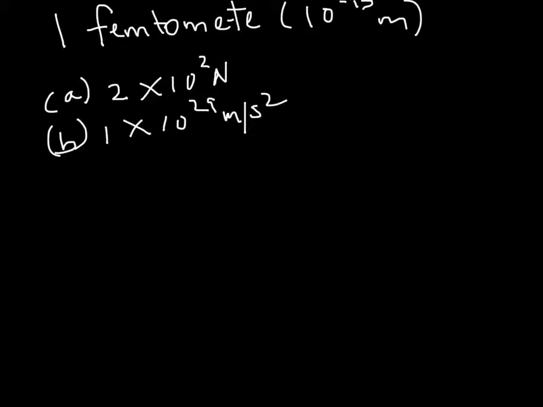That's providing there was no nuclear strong force. And just as a reminder, you're looking for the force between the protons. The protons have a charge of 1.6 times 10 to the minus 19 coulombs.